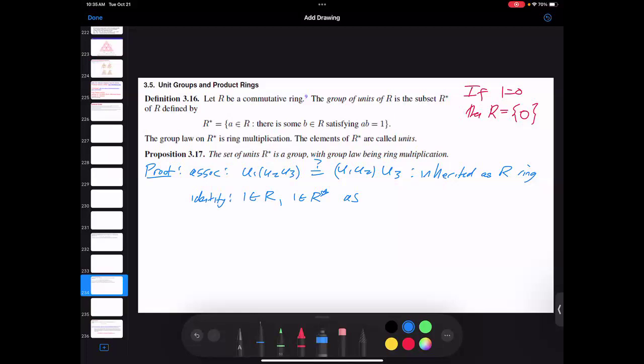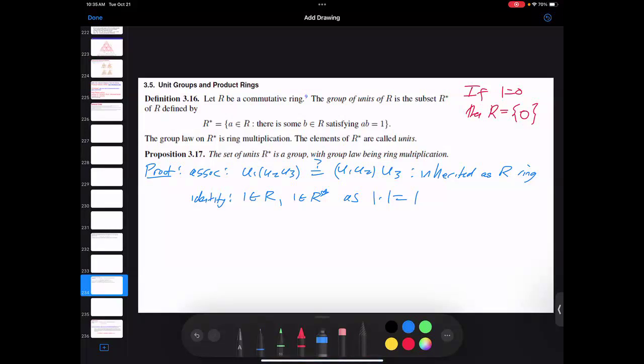Yeah, as 1 times 1 equals 1. Right. We technically have to prove that. The definition is there is some B satisfying AB equals 1, that it has a multiplicative inverse. Okay, we have identity.